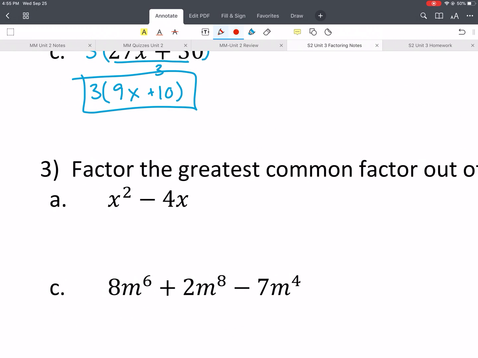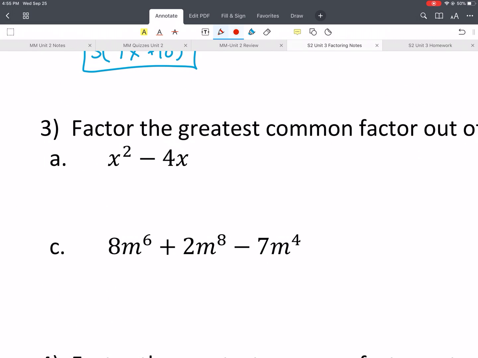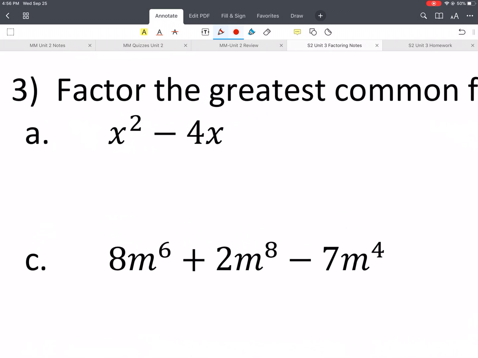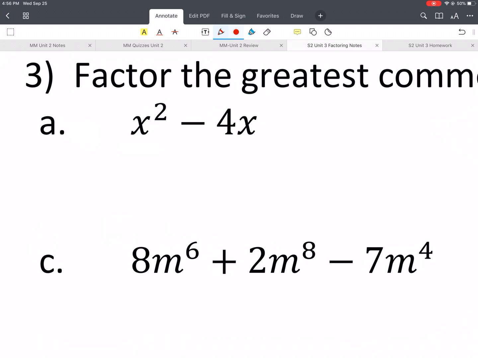All right, so let's look at example 3. Here we're going to factor out the greatest common factor, but this time we're not factoring out numbers, we're factoring out variables. Let's look at A. Here we have 2 x's, here we have 1 x. How many x's can we take from each of these terms? Well, we can only take 1 x out of here.